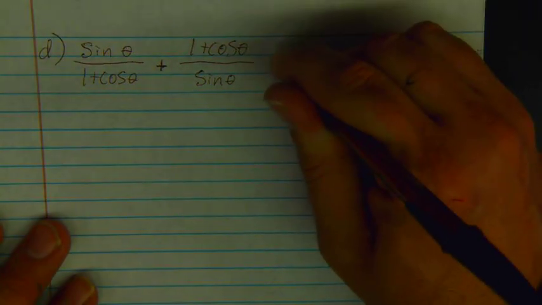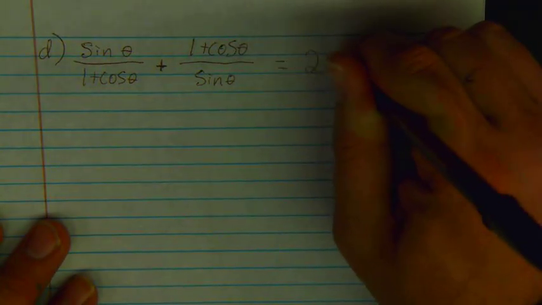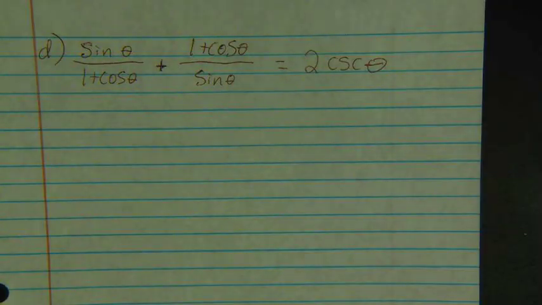And I want to somehow get that to be 2 cosecant theta. Okay? So you almost need to be a genius to see how to start this problem. Or I mean, not how to start it, but how you're going to get all the way right now. Okay? There's a lot going on here, so don't feel like you have to know.